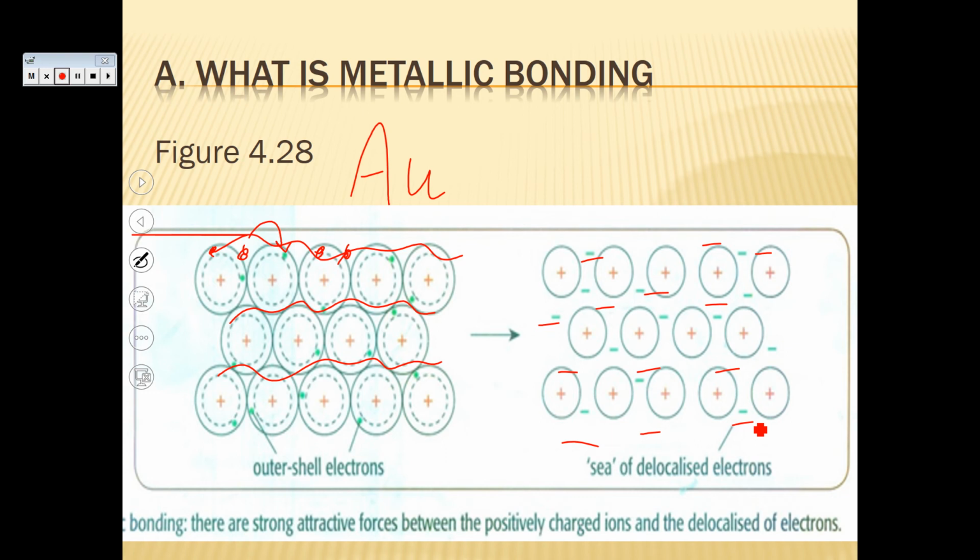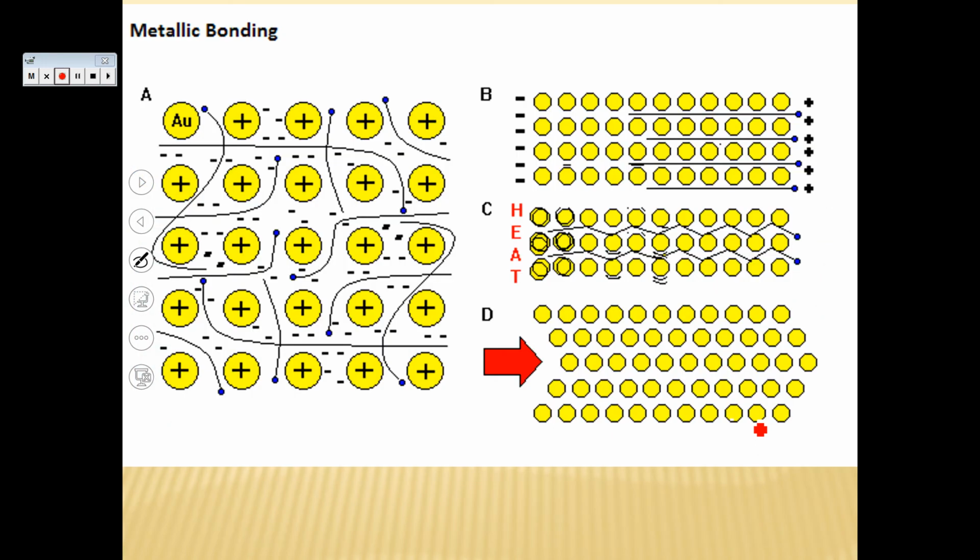So here it shows the metallic bonding of gold, and we have, again, these positive gold nuclei, and then the valence electrons from the gold are all able to freely move about this delocalized sea.